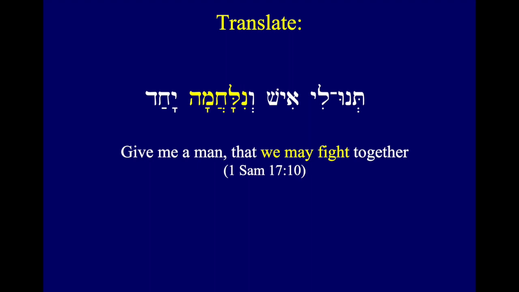So give to me a man, and we will fight yachad, together. If you want to get specific here, we've got an imperative, and then a vav, and then an imperfect. If you remember our chains of verbs that we studied when we talked about volitionals, this is our chain which says consequence. So give to me a person so that we may fight together.